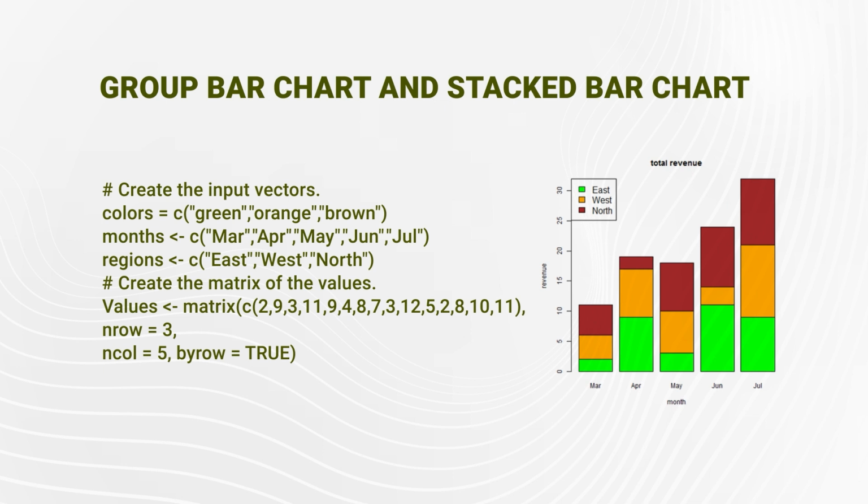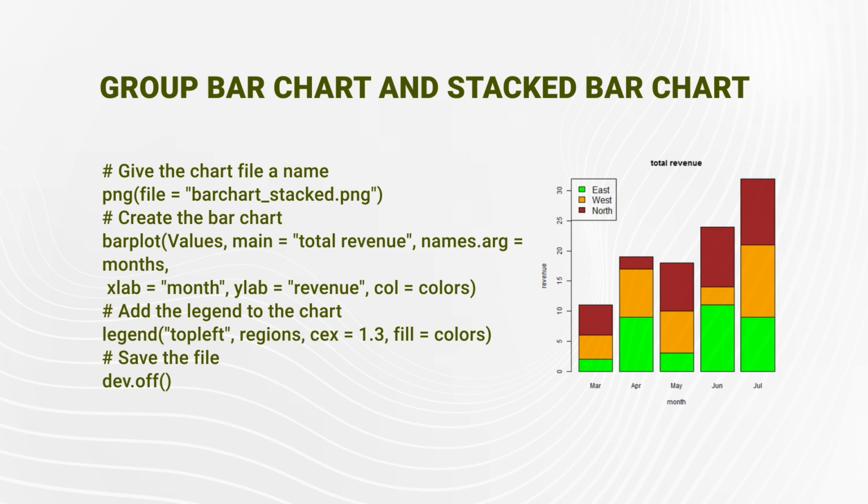Then name the file, whichever you want to generate, and you simply write barplot. Then you add the values, that is the matrix we have declared over there, and then you give the title of the chart as total revenue. Then you add the dimensions and names, and you can add the argument as months.